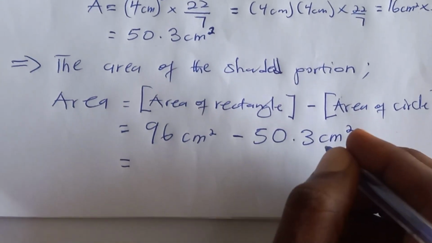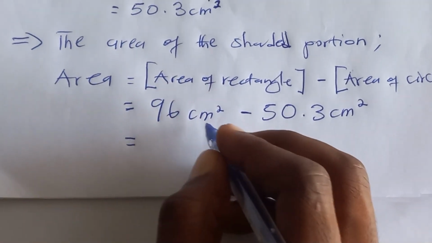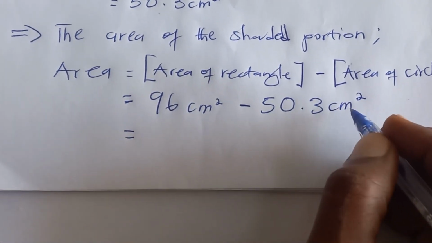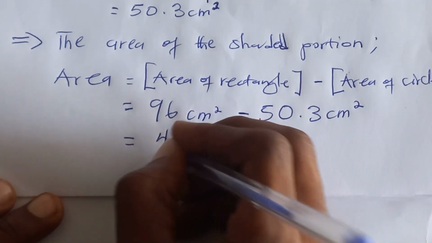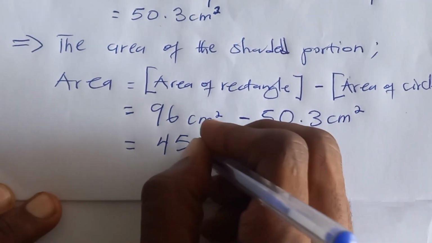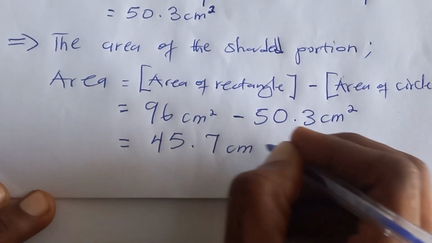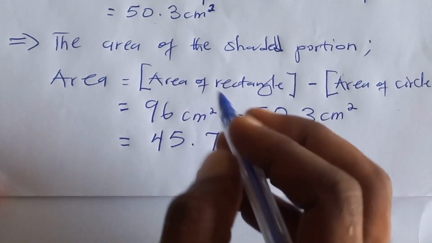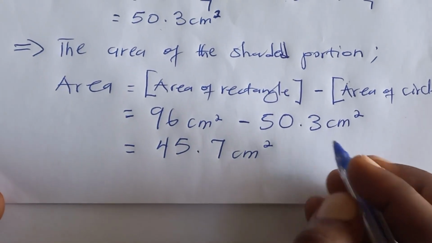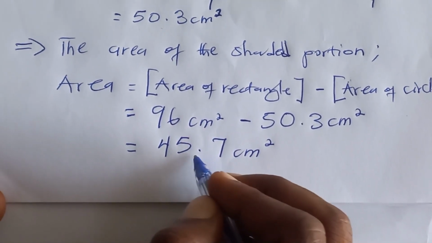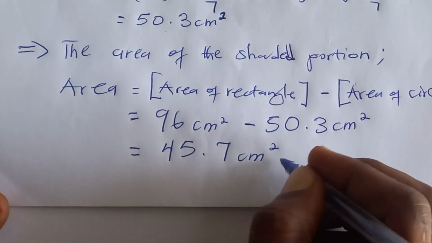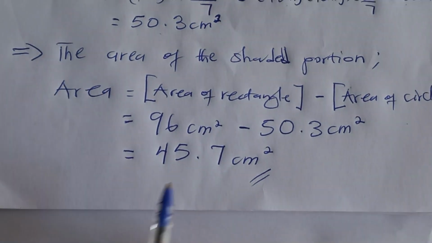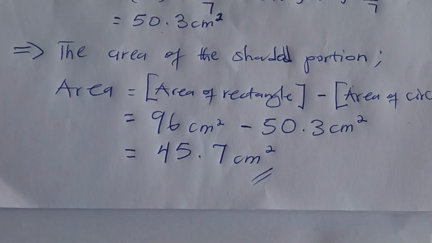So 96 minus 50.3, we are getting 45.7 centimeters squared. So our final answer, which is the shaded portion, is 45.7 centimeters squared. Thank you. So this is the area of the shaded portion.